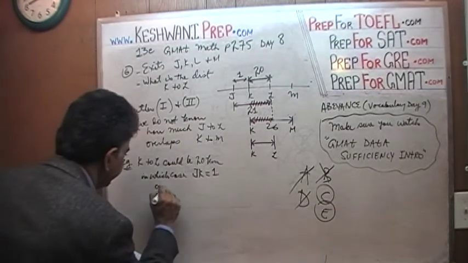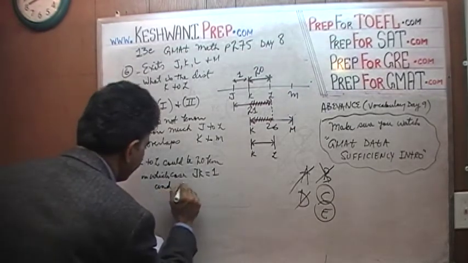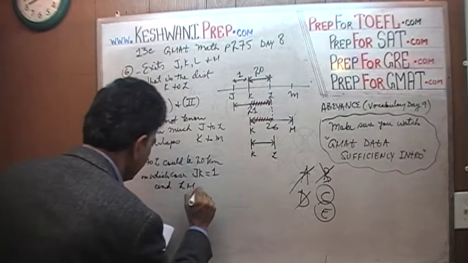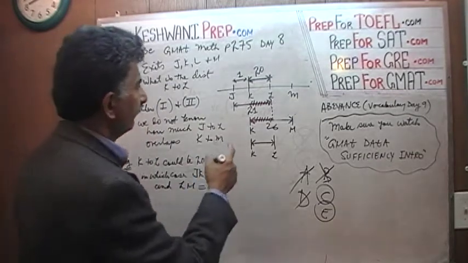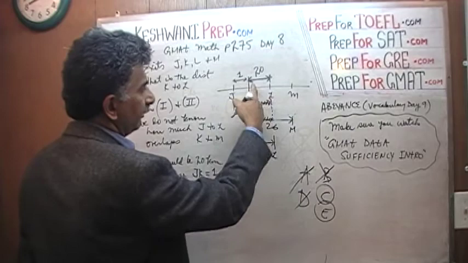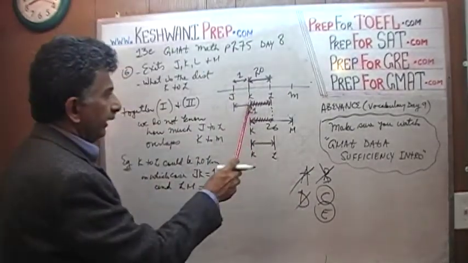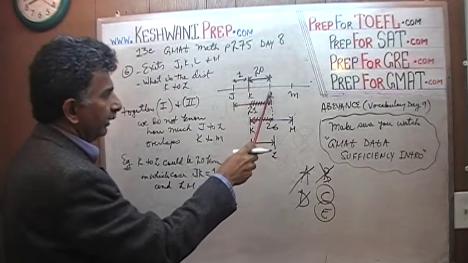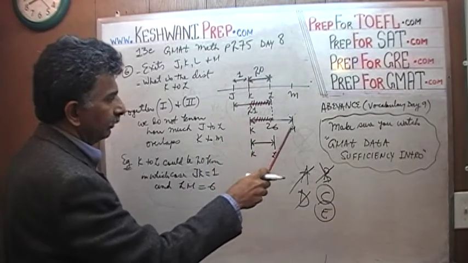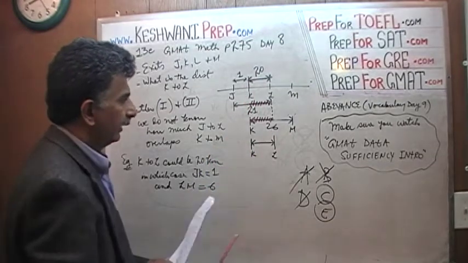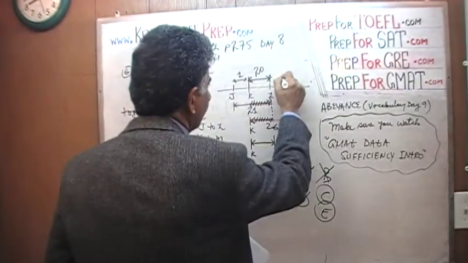And L to M would be 6. If we were to pretend that K to L is 20, and K to M is 26, then this will be 6.